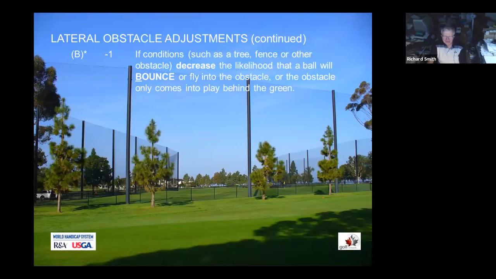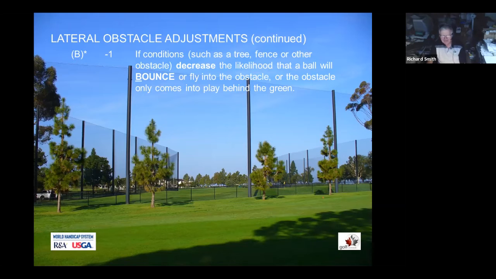Or we could have a B-1 if things like fences, trees, other obstacles decrease the likelihood that the ball will bounce into or fly into the obstacle. Or, and here something that they've added, or if the obstacle comes in play only behind the green.